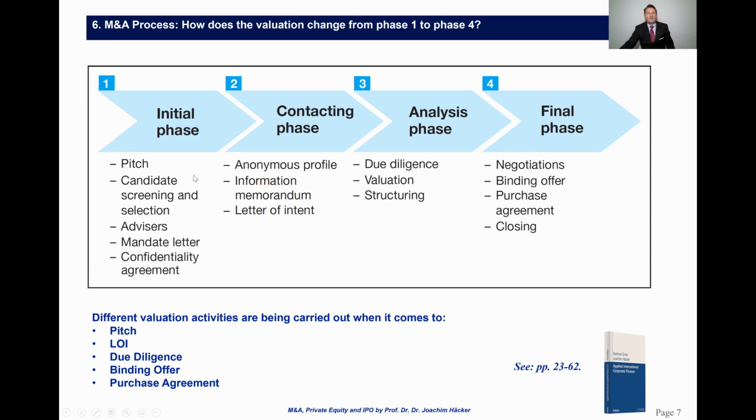In the contacting phase, you are given, as a buyer, a so-called information memorandum. Based on the information memorandum, you carry out a valuation, and the result of the valuation will then be in the letter of intent. The seller then decides who gets access to the data room.